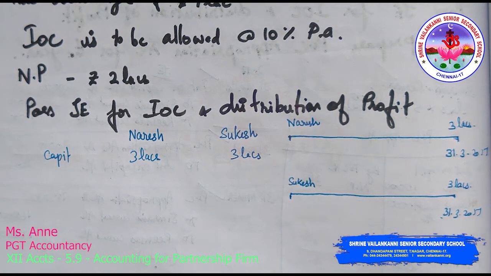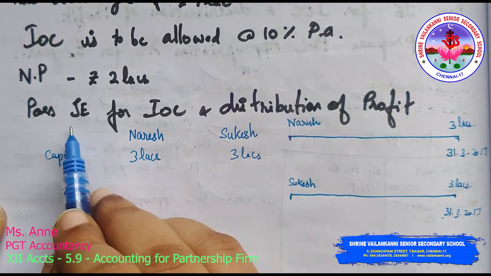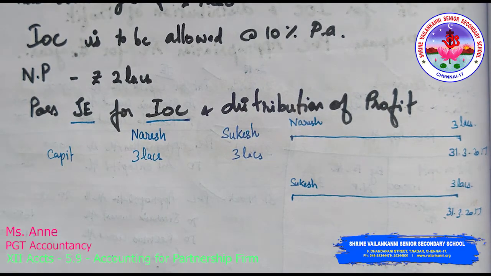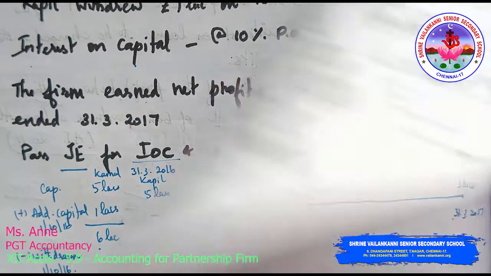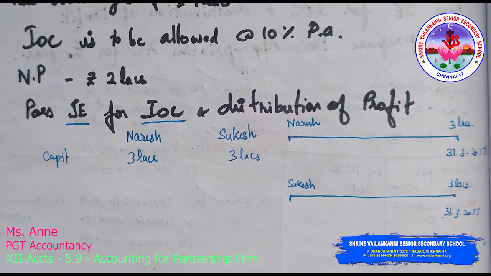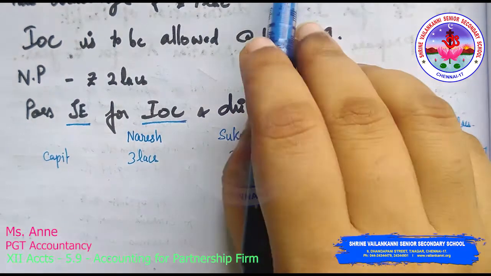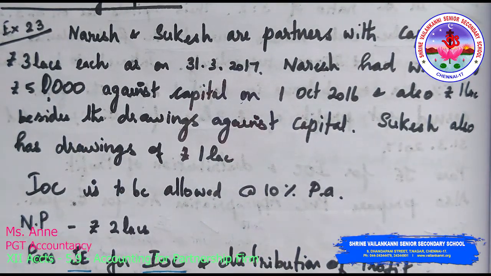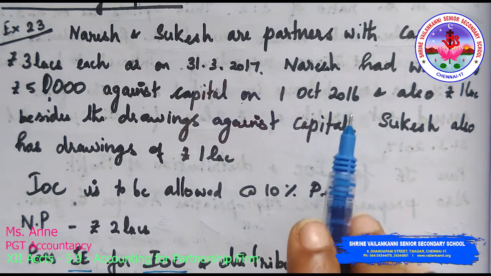Now what is the problem telling? The problem is telling us to prepare the journal entry for interest on capital. So naturally I will be interested in knowing how much the interest on capital is. So I have to analyze this. Naresh had withdrawn rupees 50,000 against capital on 1st October 2016.